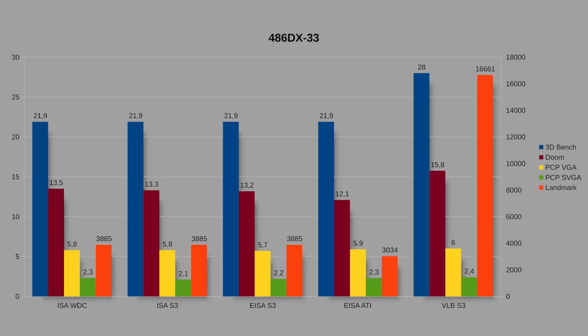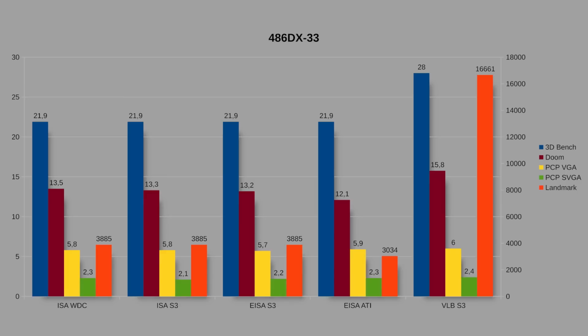So EISA was not faster again. Quite the opposite was actually the case, since the ATI Mach 32 did even worse at 3,034 characters per millisecond. That is quite poor, and was completely destroyed by the VLB graphics card at 16,661 characters per millisecond. It is about 4 to 5 times faster.